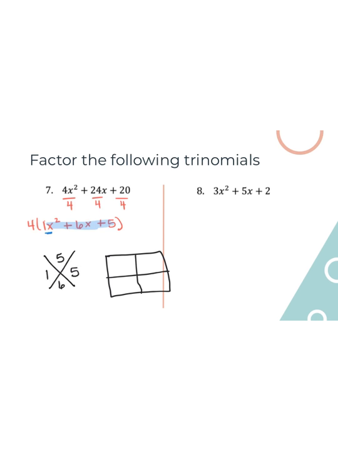Okay, I'm going to start with that 1x squared, so 1x squared. I'm going to replace the 6x with the 1x and the 5x. So 1x and 5x. And I'm going to end with my new c value, which is 5.